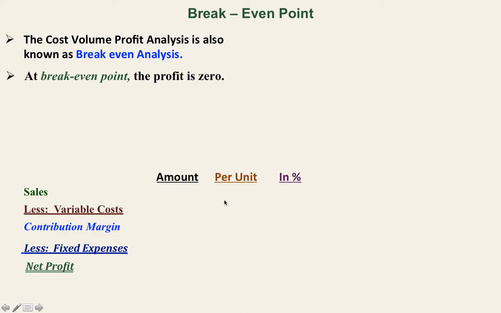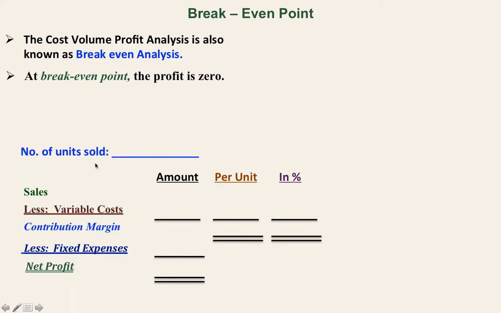So we have to express this in amount, per unit, and in percentage. And let us have the number of units sold. Always use this template, class. Here at break-even point, what we are saying is that the profit is zero.